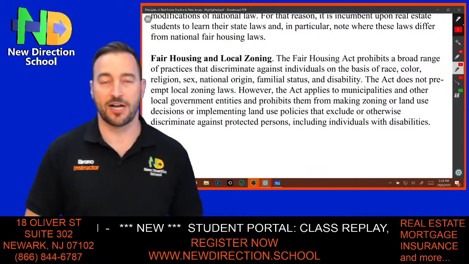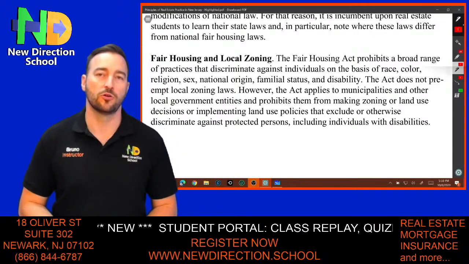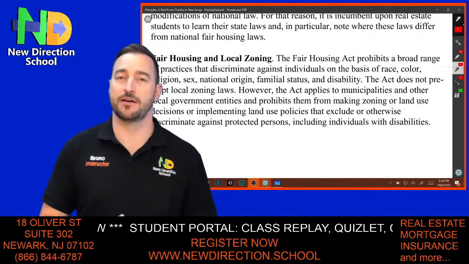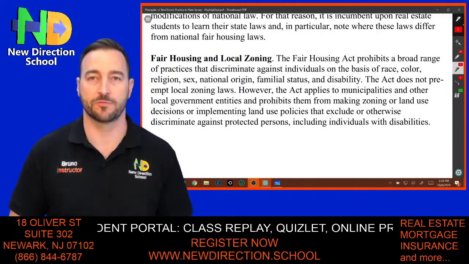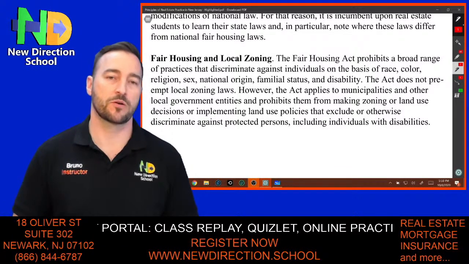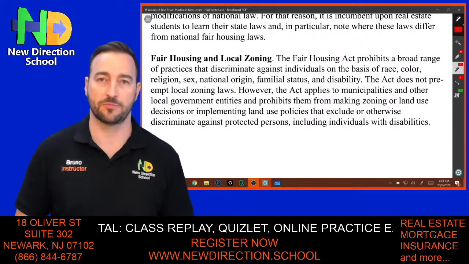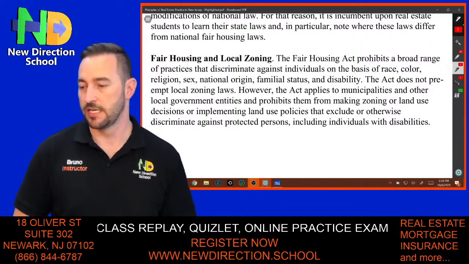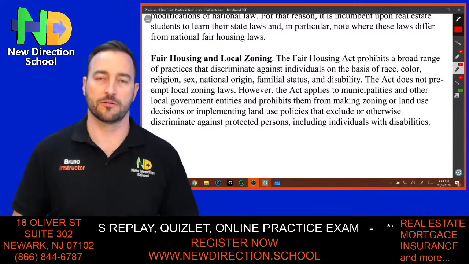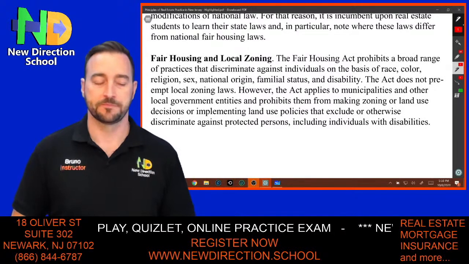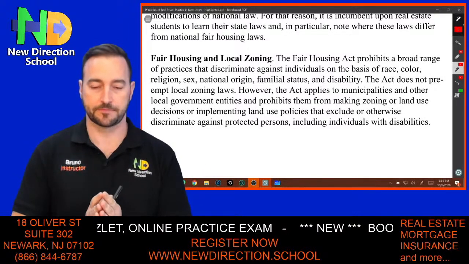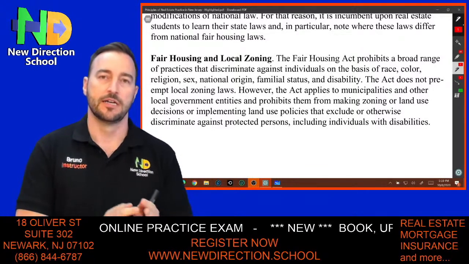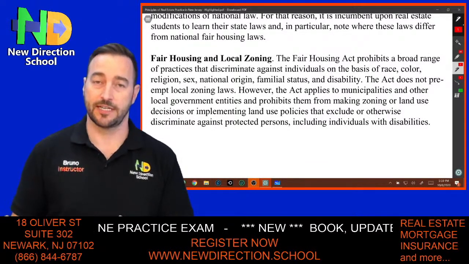However, the act does apply to municipalities and other local government entities and prohibits them from making zoning or land use decisions or implementing land use policies that exclude or otherwise discriminate against protected persons, including individuals with disabilities. You're going to learn, and I'll slow down in a little bit, going into detail that every state has their own rules, as I said.